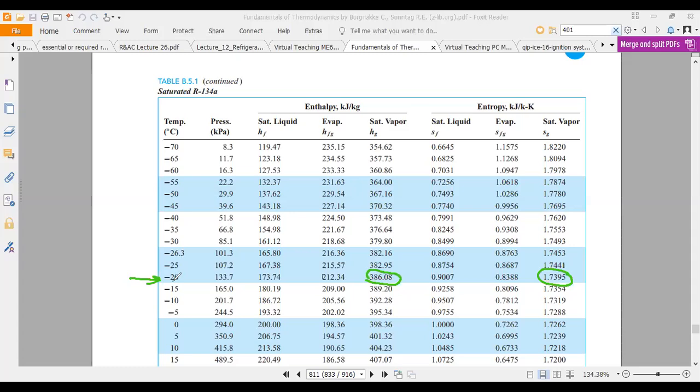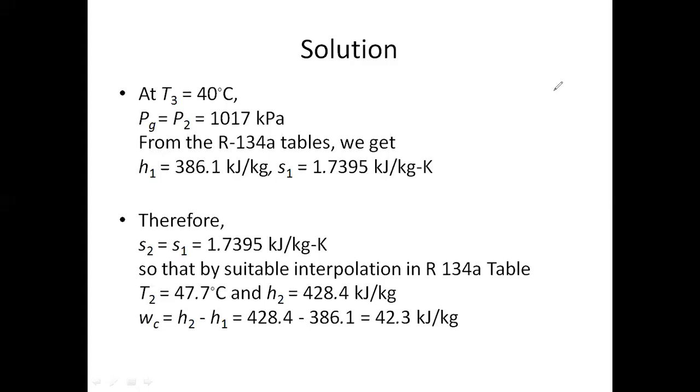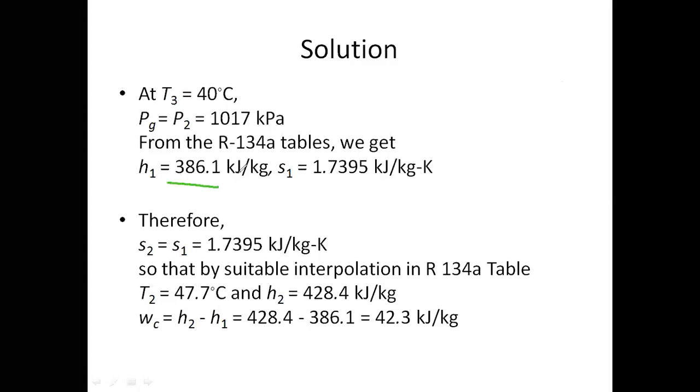So corresponding to minus 20 degrees centigrade, the saturated vapor enthalpy and saturated vapor entropy can be seen. So we note these values here: 386.1 kilojoule per kg and 1.7395 kilojoule per kg Kelvin. So S2, we know that S2 equals S1, the same value.